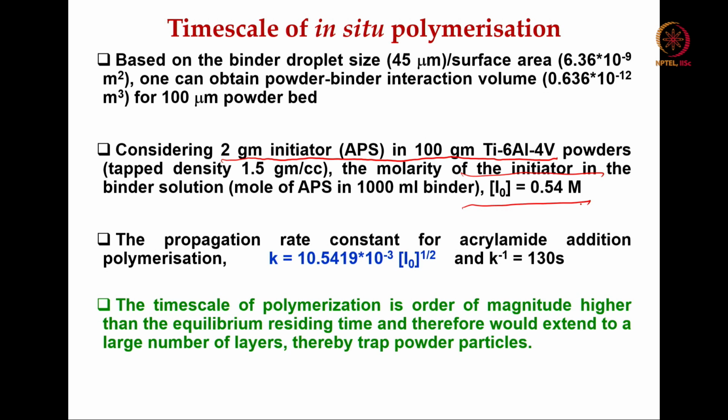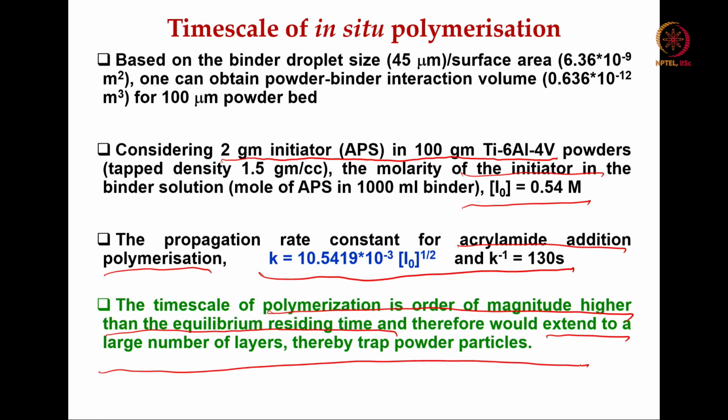So, the propagation rate constant during the in situ polymerization of acrylamide addition polymerization is somewhere in K inverse is 130 seconds. So, the time scale of polymerization is orders of magnitude higher than the equilibrium residence time, and therefore would extend to a large number of layers and thereby trap the powder particles.